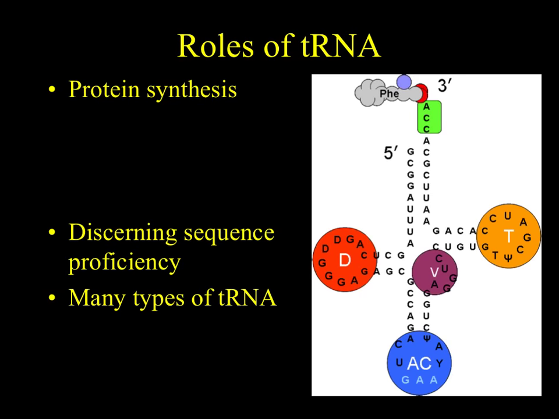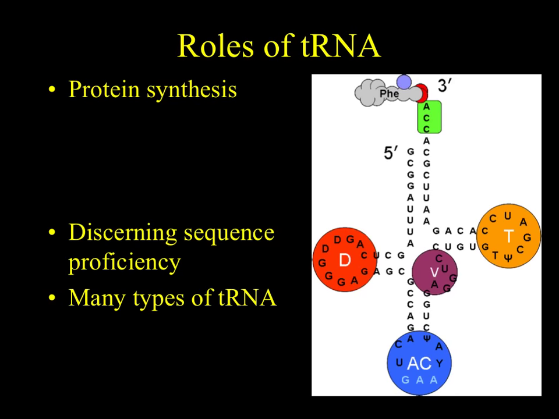It's very important. One that gets overlooked is it discerns the sequence proficiency. You may have already covered this in microbiology. Different species have different numbers and proficiency of genes for tRNAs. So you have that universal code that you've probably seen in every genetics and biology book, with AUGC on one side.